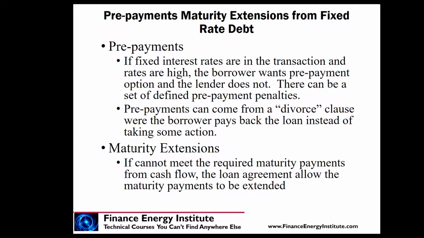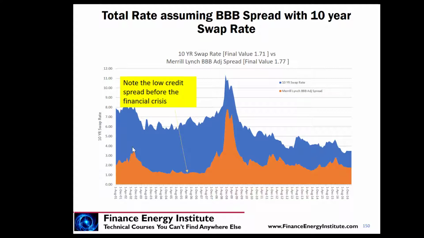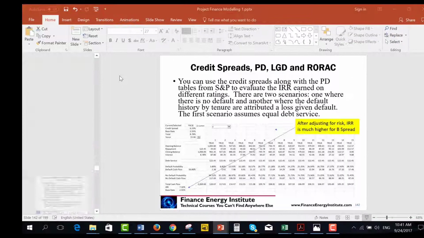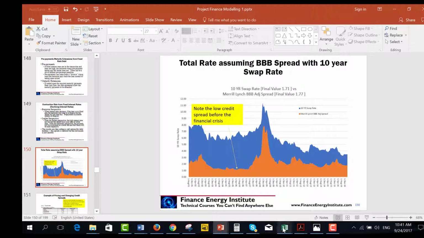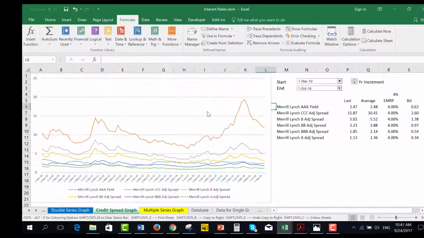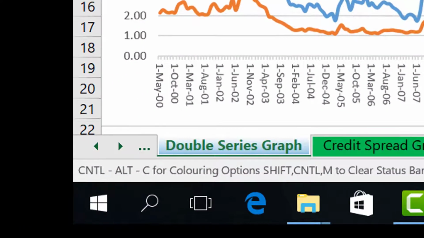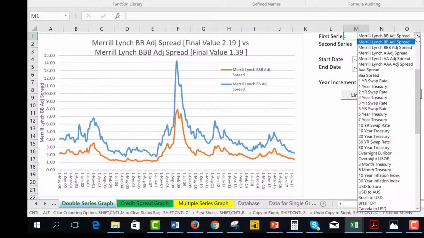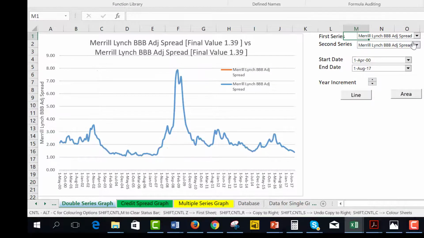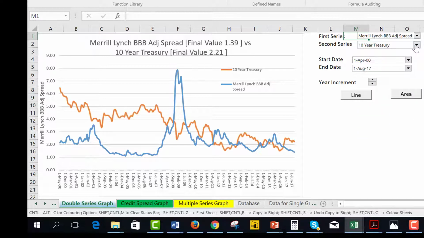Okay, so that's it. Now, I put some stuff here, and I said, at the end of the day, you take that little file, I hope I have it open, and you want to see this interest rate. You go to this thing called double series chart, and you say, I want to see about what I should pay if I have a triple B credit spread, and I have, let's say, a 10-year treasury.